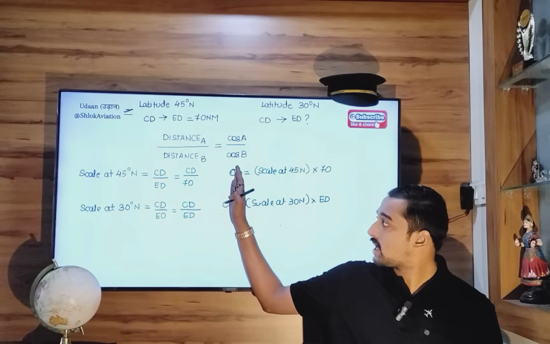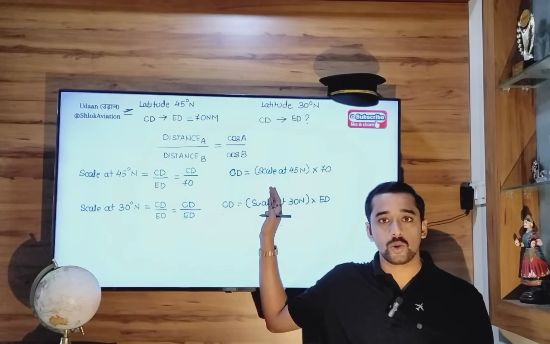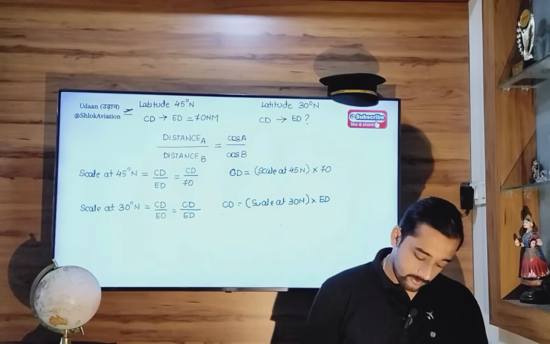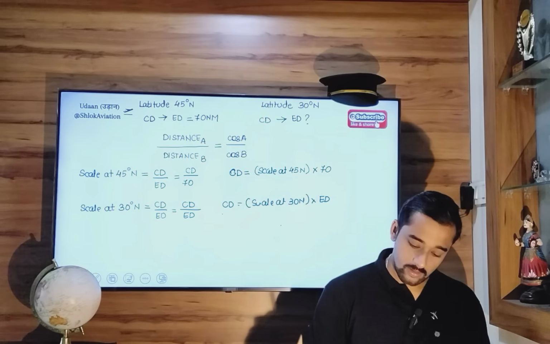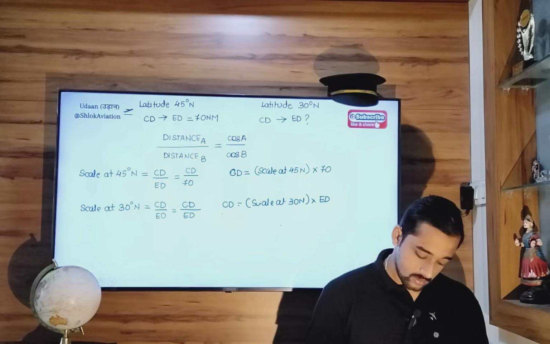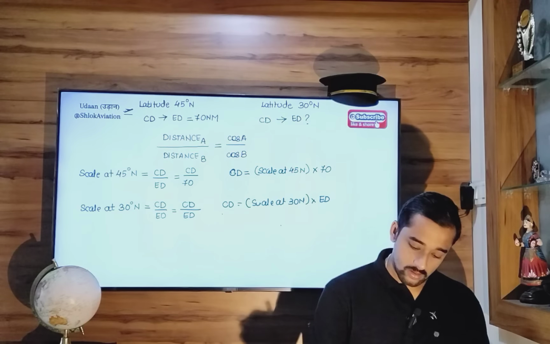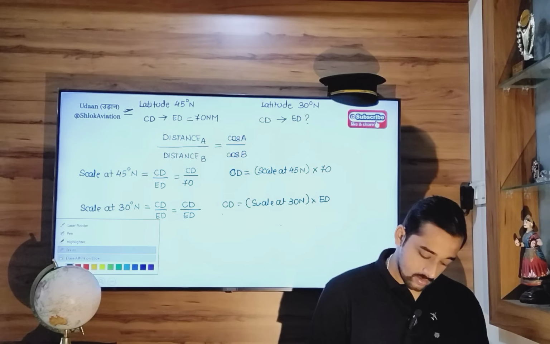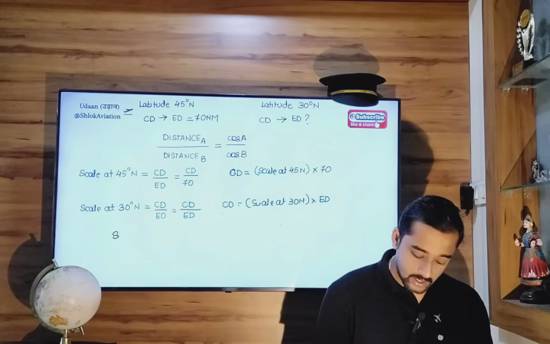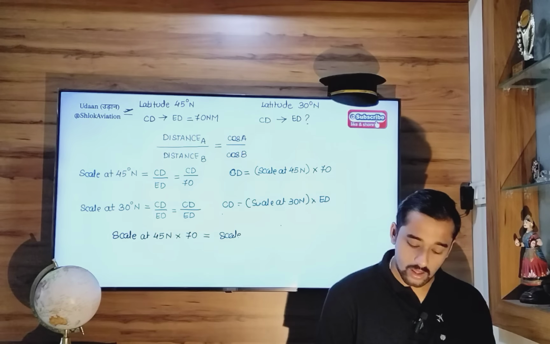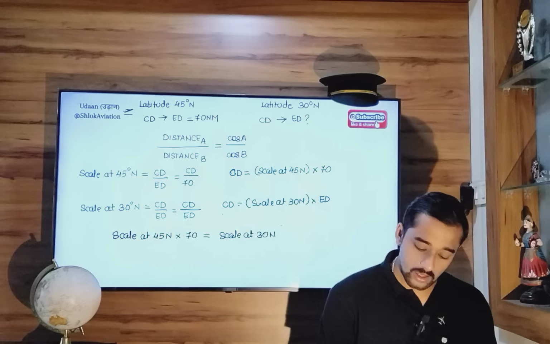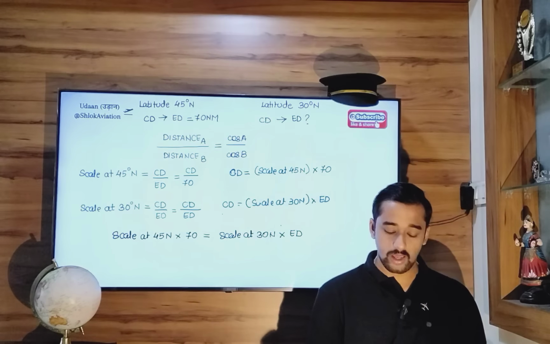Now we all know if left hand side is equal, chart distance, right hand side also becomes equal automatically. Therefore, scale at 45 north into 70 equals scale at 30 north into earth distance.